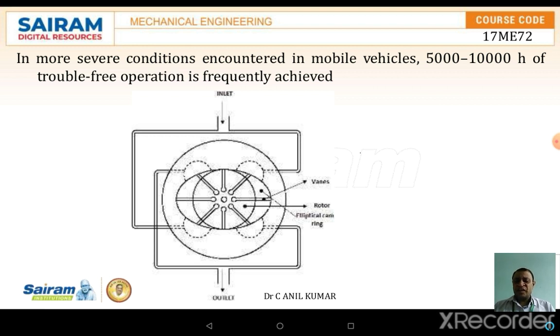So this process is continuous because of the rotation of the rotor. The movement of the vanes takes place in and out, twice in one rotation, so the supply of the fluid or the hydraulic oil is a continuous process.